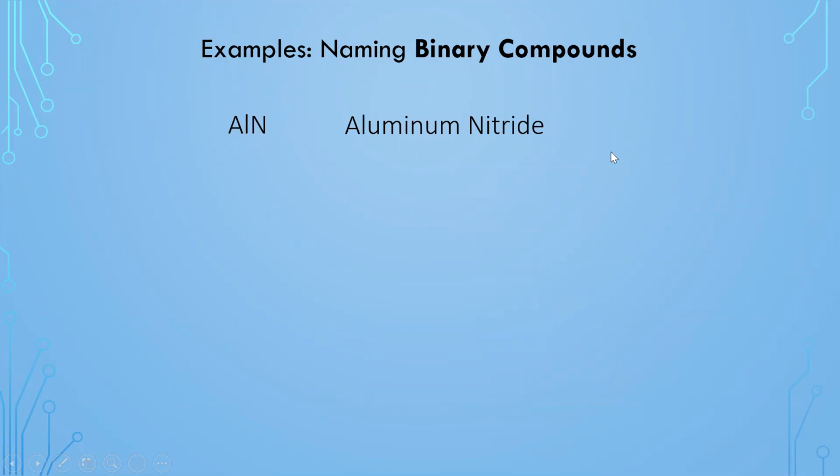And this will become easier the more you do. So it may sound weird or you may cut it wrong. You'll get used to it. Try another one. And I will tell you, it does not matter if there's a subscript. Ignore it. Just focus on the elements. So I've got lithium and I've got oxygen. So that becomes lithium oxide. Oxygen became oxide. Na2S, once again, ignore the subscript.